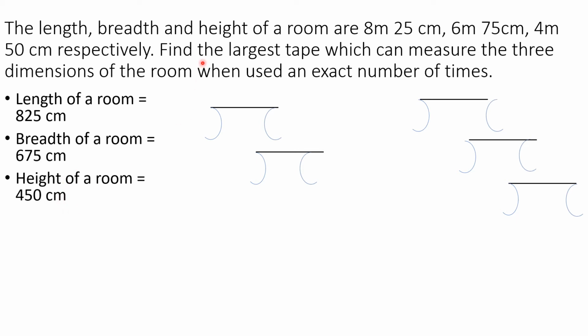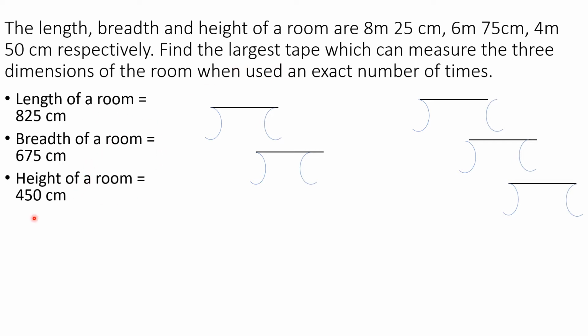Now what we have to calculate: find the largest tape which can measure the three dimensions of the room when used an exact number of times. It means the length of a tape should be a factor of all these numbers, and the largest common factor is, yes, HCF.